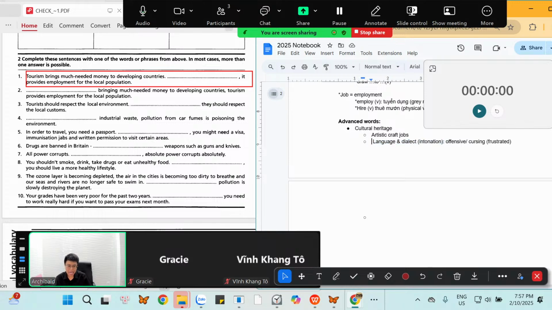So language and dialect, all right, cultural heritage, and the next one is festivals and rituals. God, religion, okay, religion or worship. You worship. Who do you worship? And what do you do to show your gratitude to God?